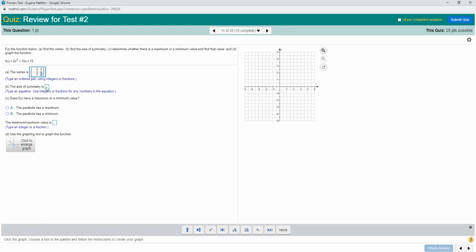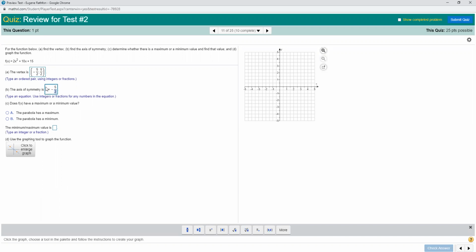The axis of symmetry was x equals negative 5 divided by 2. We said the parabola had a minimum, so we're going to click on minimum. And then the minimum value was the y value, which was 5 divided by 2. All right, all that's in, so now I'm going to click it to graph.